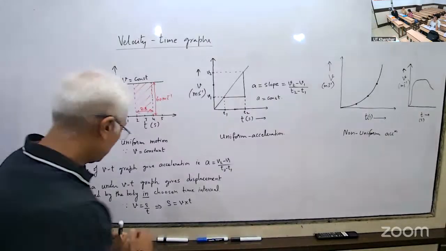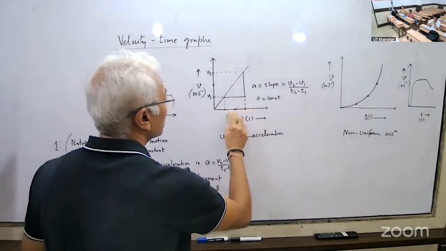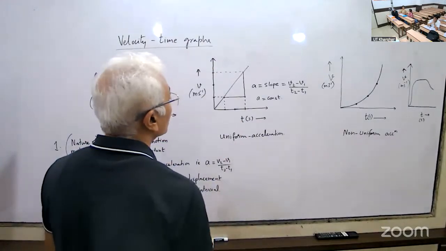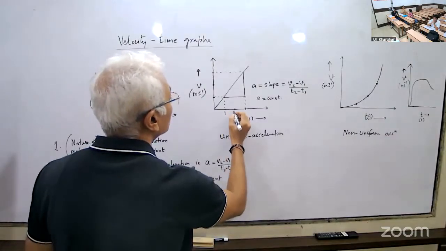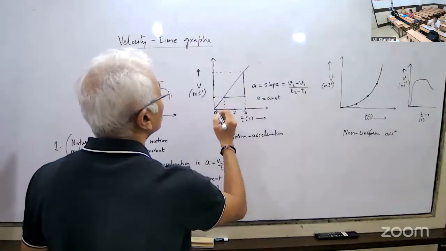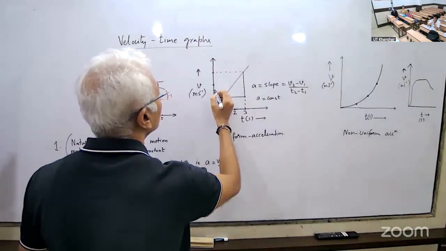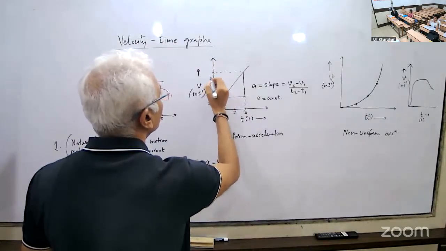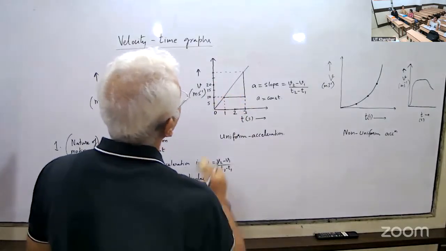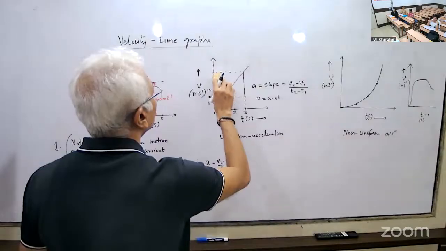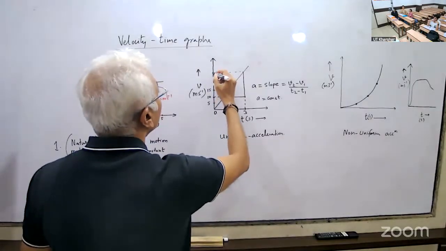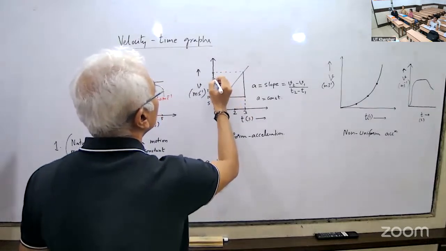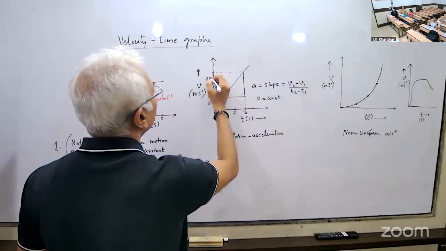Okay. Now let me give a twist. The twist is this. Now let us say I have this graph. So I have 1, 2, 3. So you have 5, 10, 15, 20. 15, 20, 25 and 30.